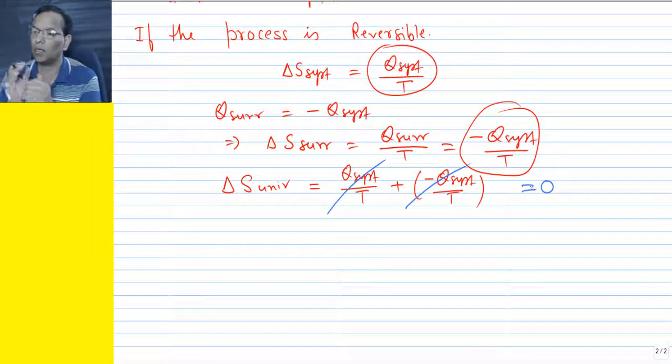So if the process is reversible, the entropy change of the universe will be 0. Based on that, we conclude that if the process is reversible, the system always remains in equilibrium with the surroundings.